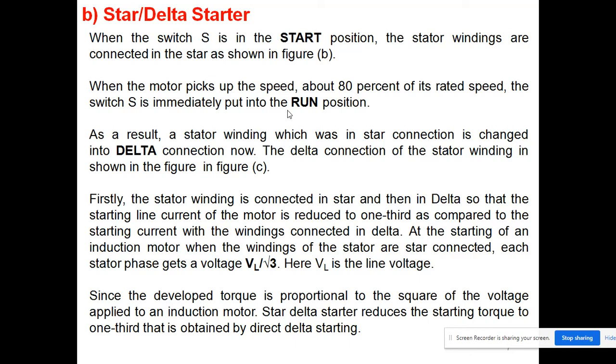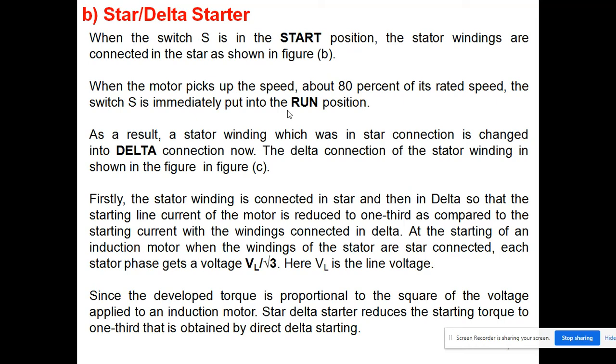As a result, the stator winding which was in the star connection is now changed into delta connection, and that is done by using the change over switch. So when our motor picks up speed up to 80% of rated speed, we change our star connection to delta connection by using the change over switch.